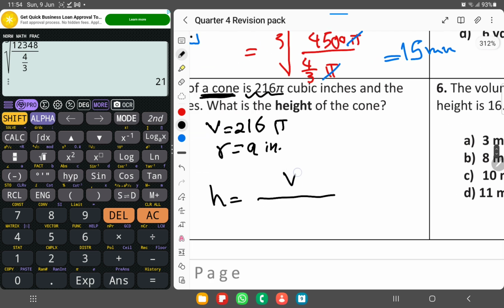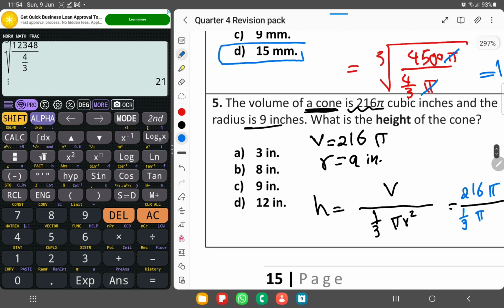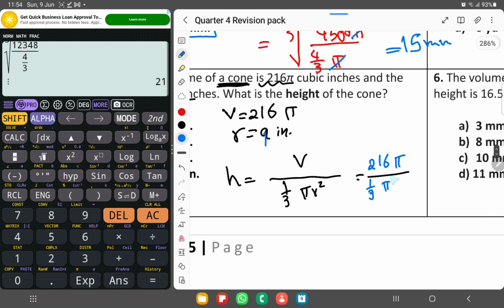So volume over 1 over 3 pi r squared, which is the same as 216 pi over 1 over 3 pi r squared. The radius is 9 inches, so 9 power 2.